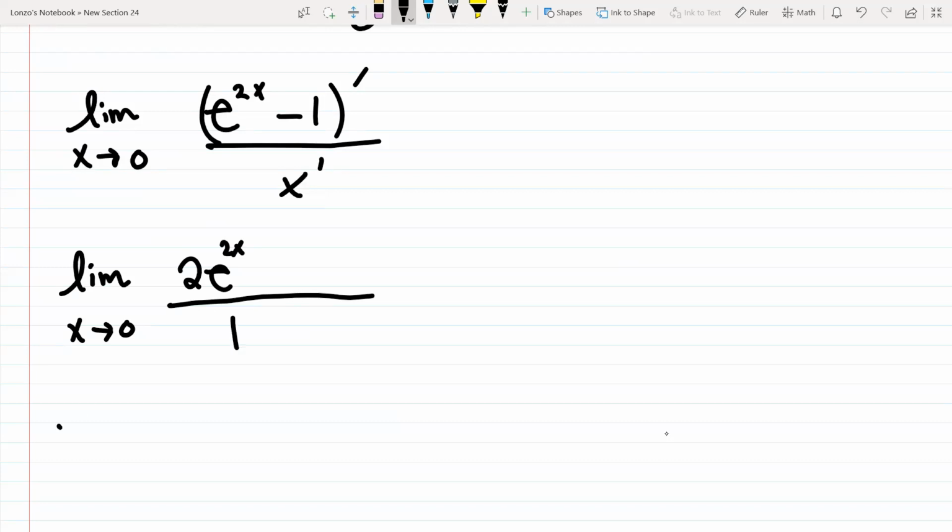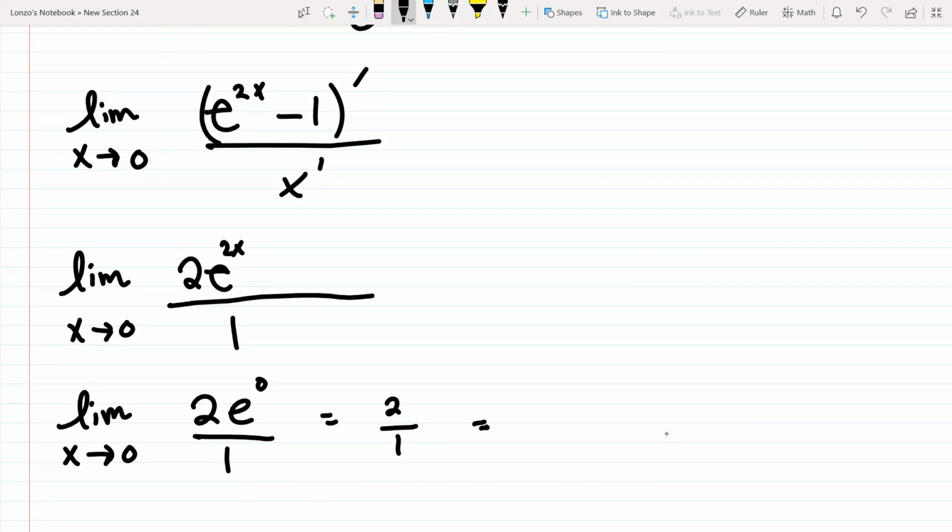So when you take the limit as x approaches 0, it's going to be 2e to the 2 times 0, over 1. And e to the 0 is 1, so that's 2 over 1. So now, as you can see, it's not in indeterminate form, it's just 2.